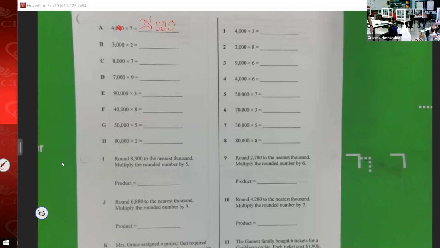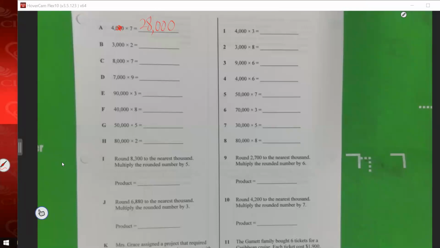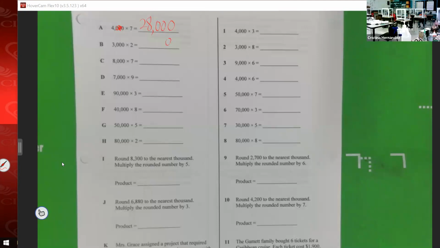At home, how many trailing zeros are moving over to the right? How many zeros are trailing? 3. 1, 2, 3, and then we're left multiplying 3 times 2.